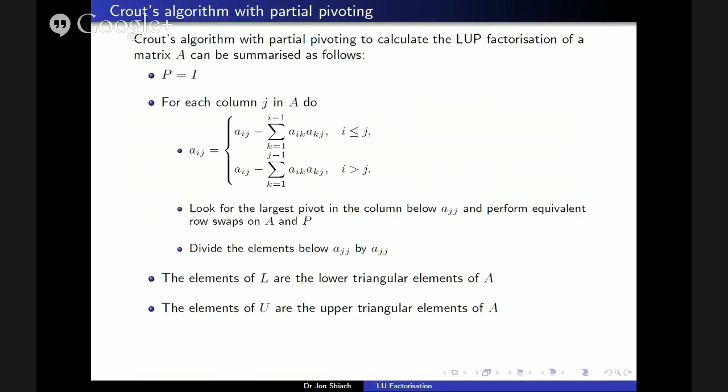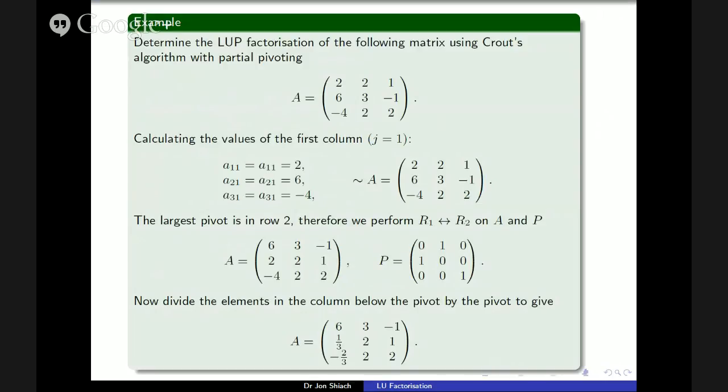For the first column, the summations are 0, because for A11, i is 1, i minus 1 is 0, so this summation doesn't exist. And for when j is 1, this summation doesn't exist. So essentially, you don't really need to bother with the first column. It's just equal to whatever you got in the first column of A. So A is unchanged. I left it on the slide just to be complete.